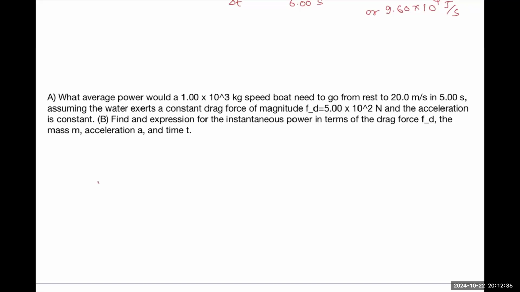In 5 seconds, how much distance do you go? You have a drag force, the same as a friction force, right? And work done by the friction force depends on what? Path it has taken. Now to find the work done by the friction force, what do you need to do? Friction force times the path length, right? Is that how you did it, Jacob and Mariam?